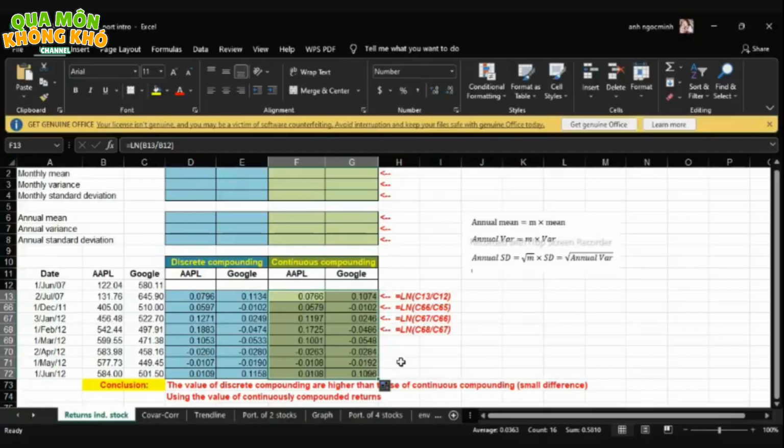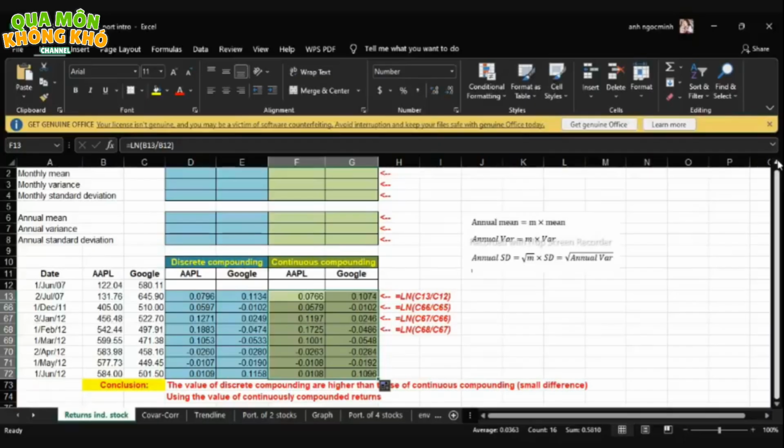I think this is mentioned in some subjects that you already studied, maybe financial econometrics. One of the crucial advantages of the continuous compounding return is that you can add the returns of short periods and you have the return of the long period.